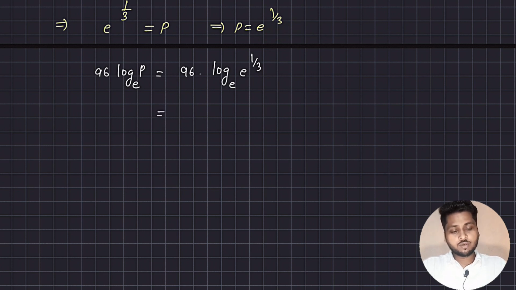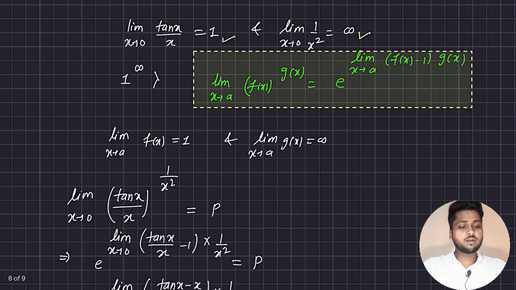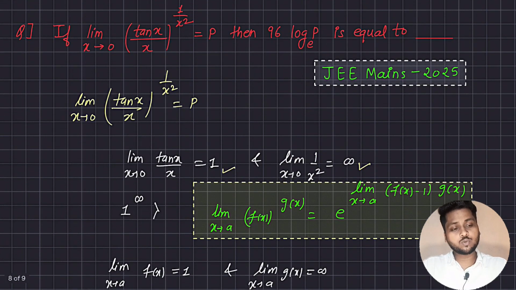So this value becomes 96 into 1 upon 3 log e base e, and log e base e is equal to 1. Therefore 96 into 1 upon 3, I can cancel here, and 3 into 32 gives 96. So 32 into 1 is equal to 32. The final answer is 32.